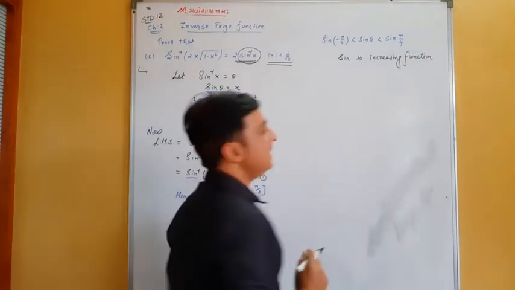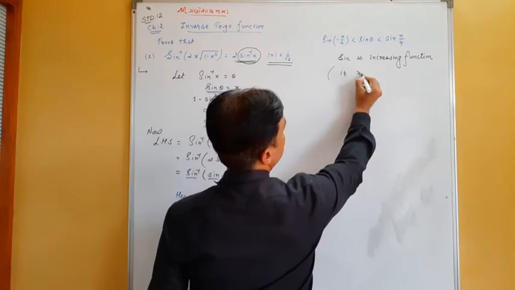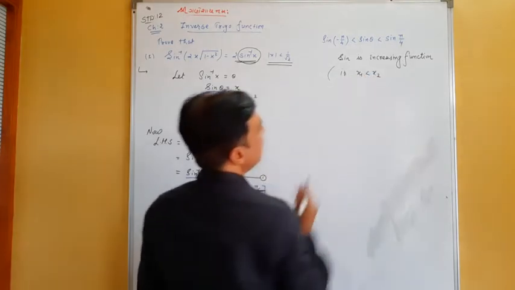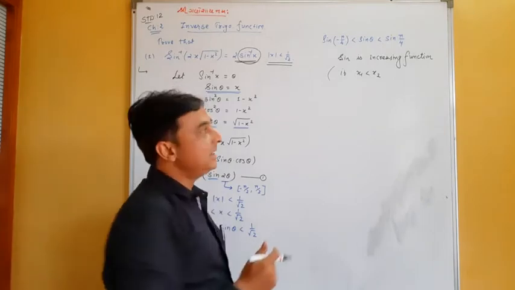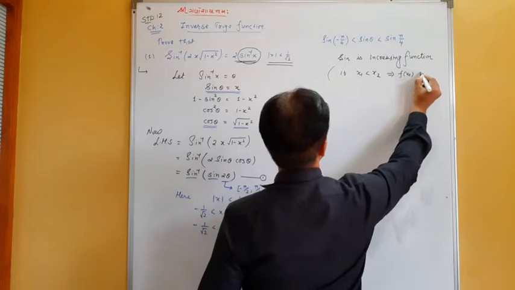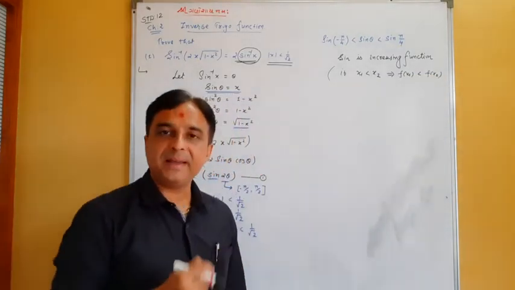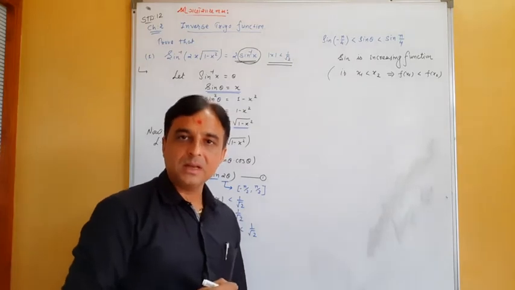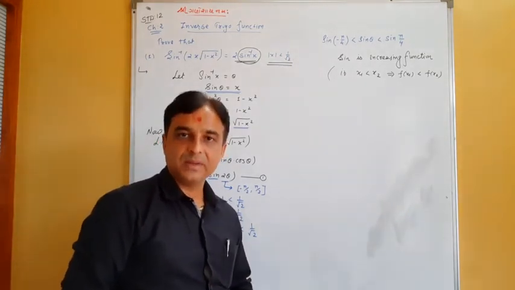What is an increasing function? If for two variables x1 and x2, x1 is less than x2 and f of x1 is less than f of x2, that means if we apply the function over the variables, the inequality has no change.